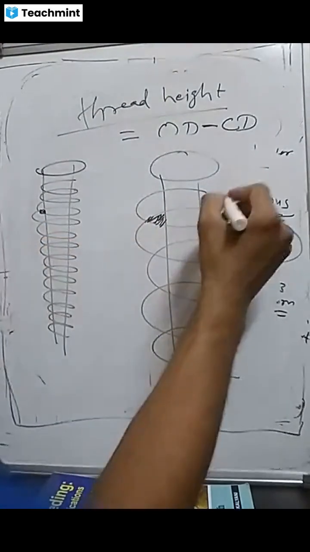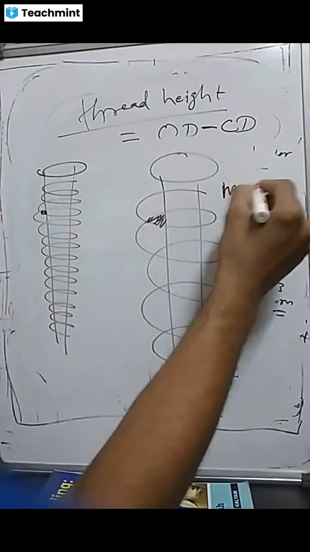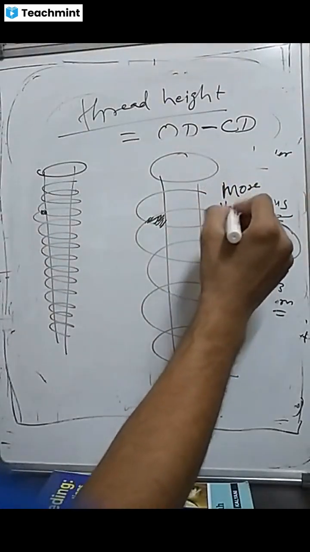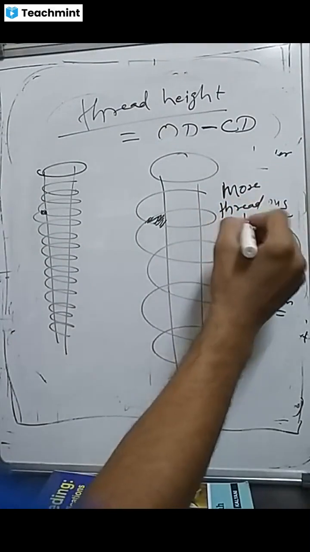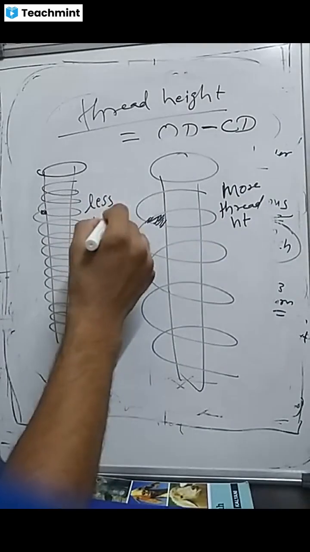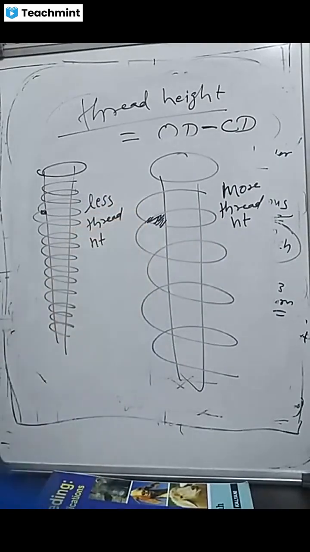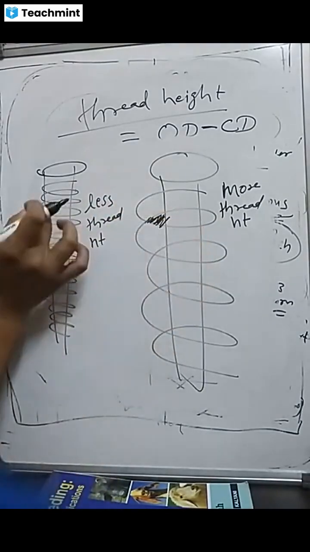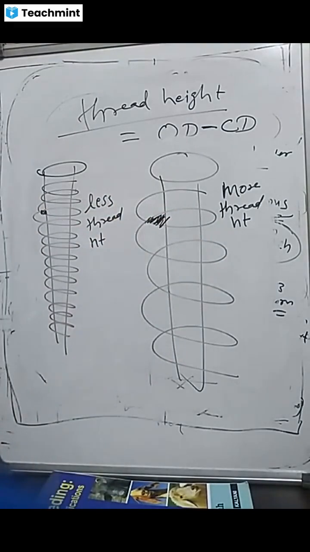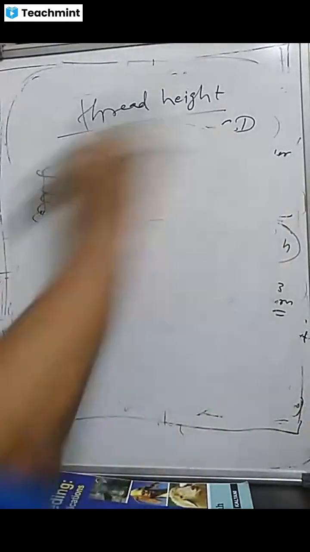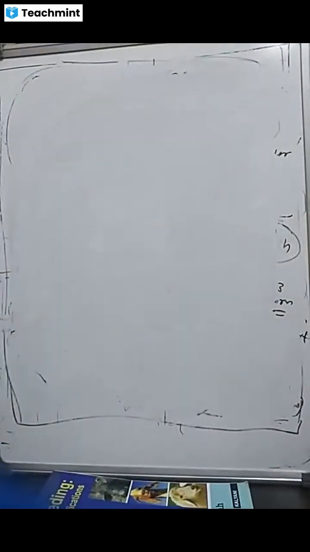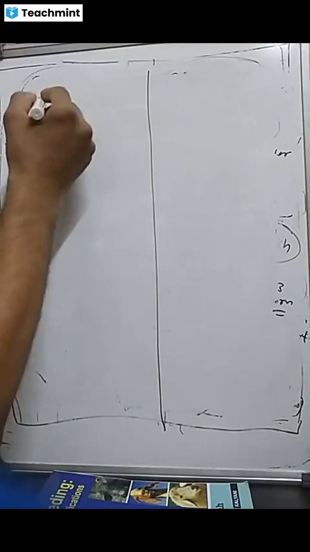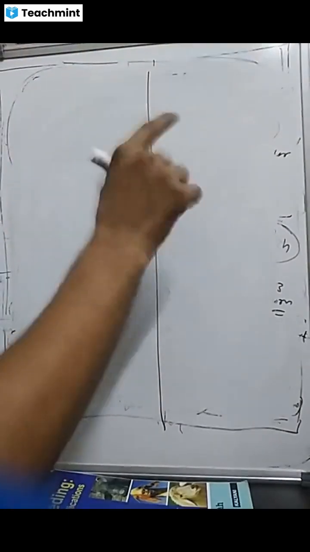So the cancellous screw has greater thread height, and the cortical screw has less thread height. They are asking about the height of the threads. These were the four differences asked in the exam.